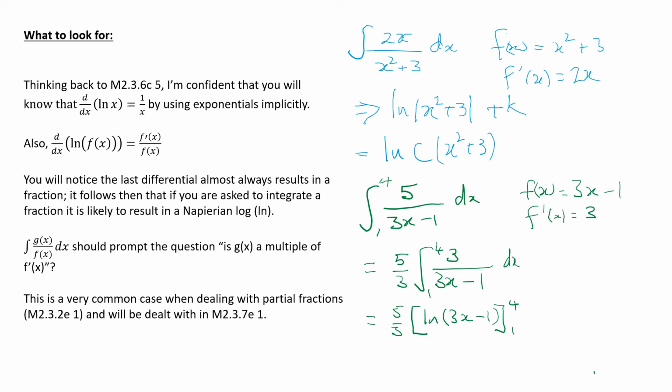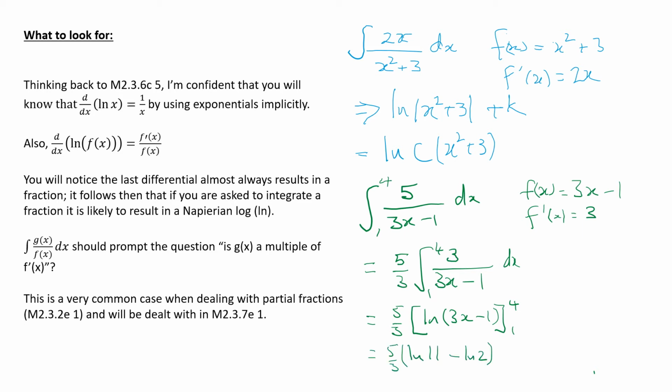However, I know that between 4 and 1 this particular function cannot be negative, and therefore it's defined. So I can actually get away with it in that particular case, but do think about what's going on. If in doubt, use moduli notation.